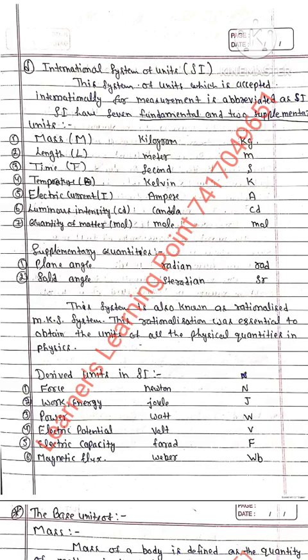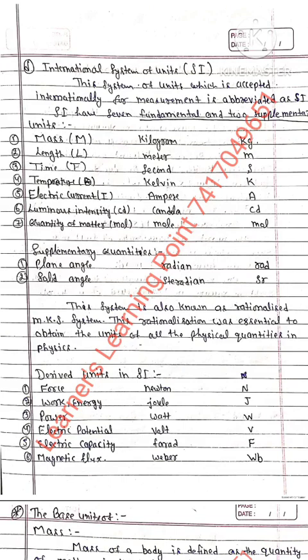Plane angle is the 2D angle and solid angle is the 3D angle. An ice cream cone is like a solid angle, and the unit of solid angle is sr, steradian. This system is also known as the rationalized MKS system. This rationalization was essential to obtain the units of all the physical quantities in physics.